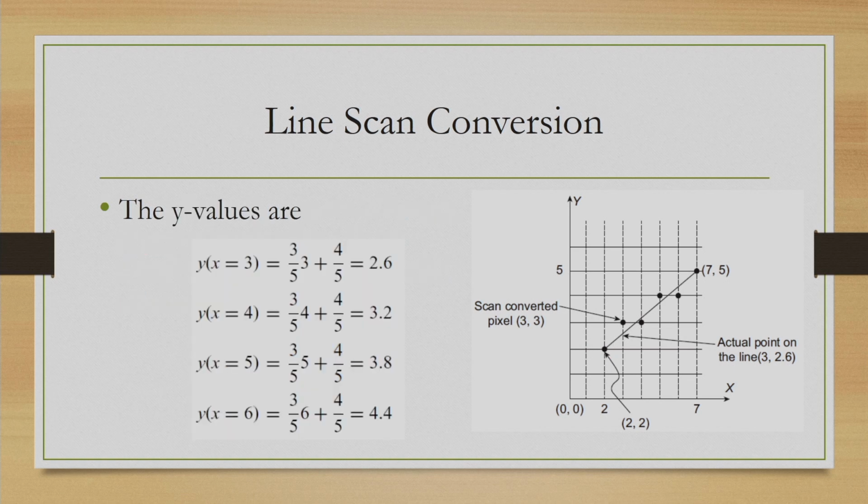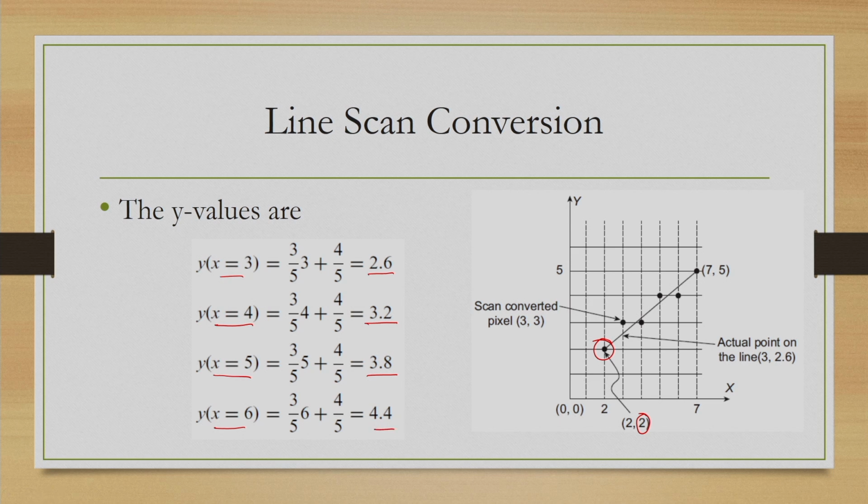If we do so, what we will find? So, for x equal to 2, we have y equal to 2. When x is 3, so the next pixel x coordinate, we get y is 2.6. When x is 4, then we get y to be 3.2, x 5 y 3.8, x 6 y 4.4.